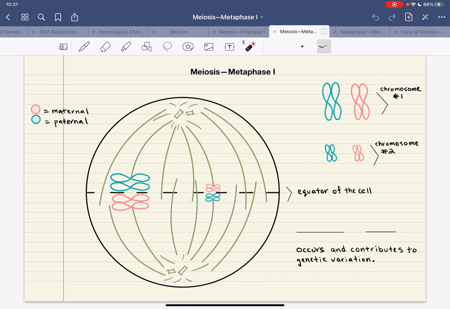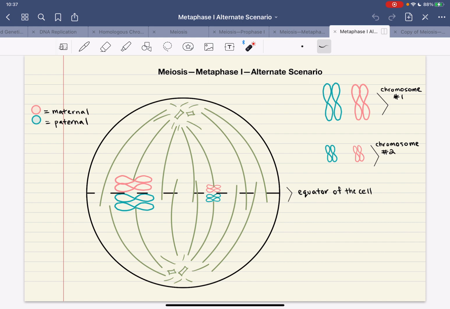So, I want to show you another picture. Since this can go either way, you could have blue on the top or blue on the bottom, or either way here, it's a 50-50 chance. Let's show an alternate scenario. By chance, it could also end up looking like this.